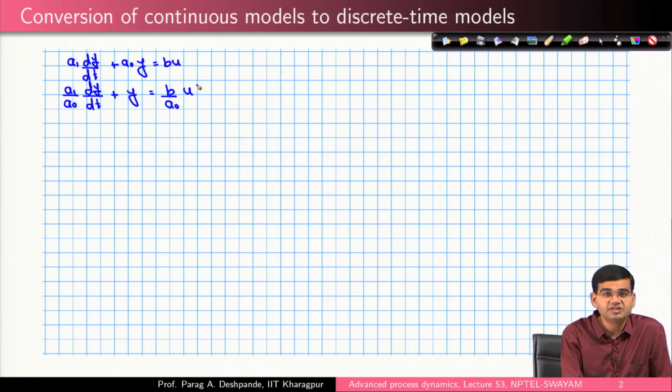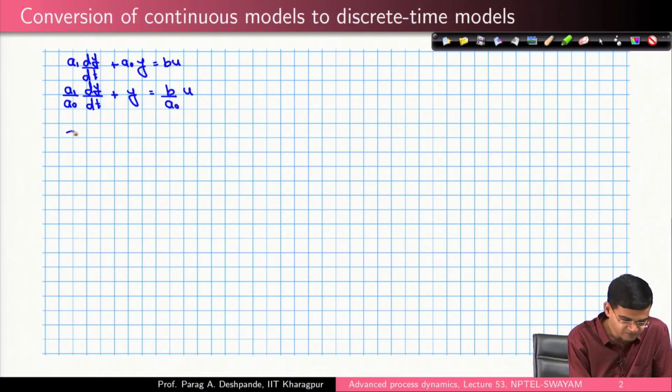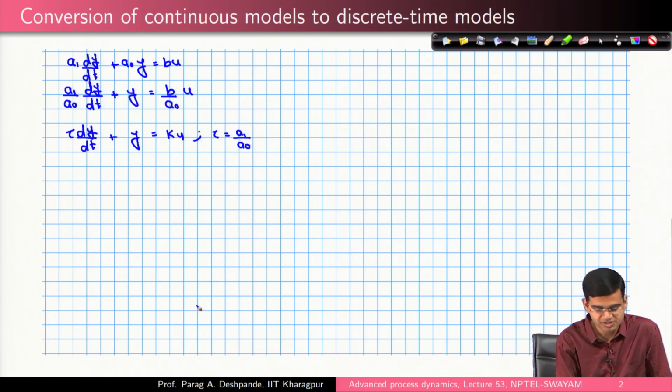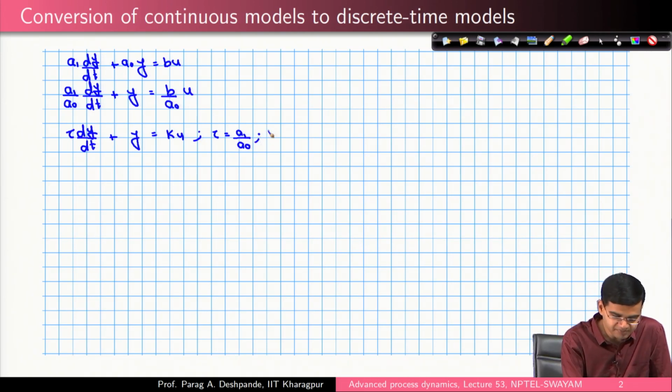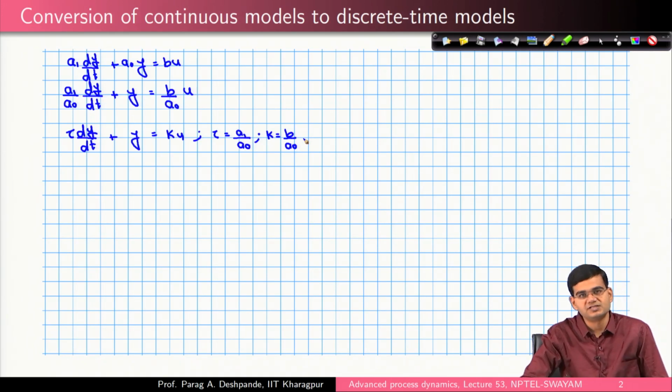So, when the equation is cast in this particular form, we know that we can write this as tau dy by dt plus y is equal to capital K times u, where tau is A 1 upon A 0, the time constant associated with the system, and K is equal to b by A 0, the static gain of the system.